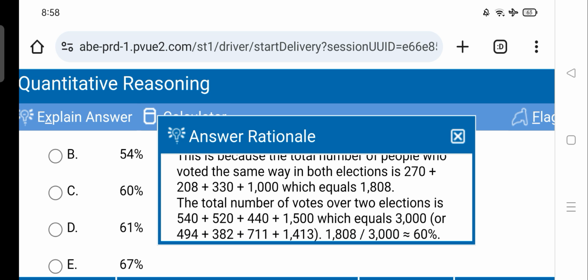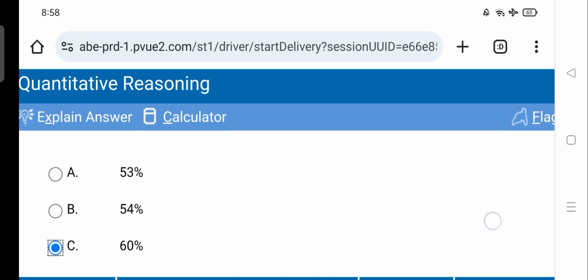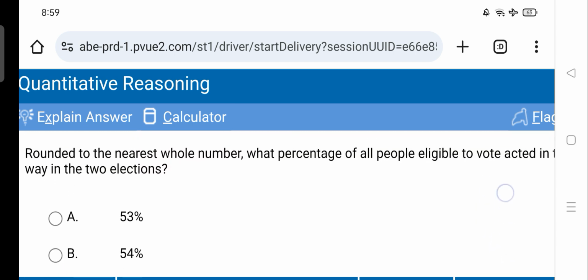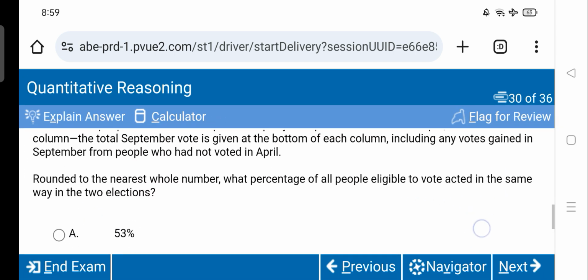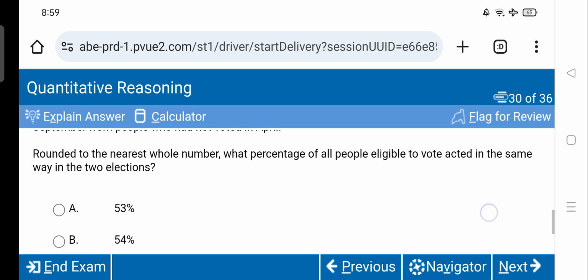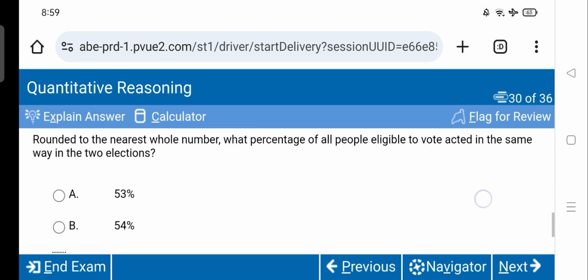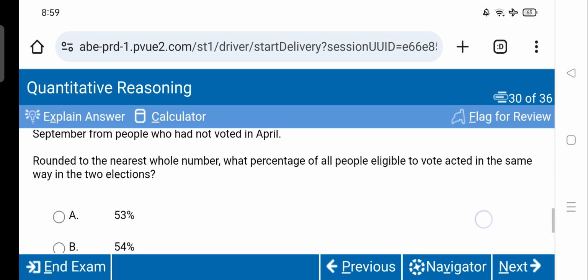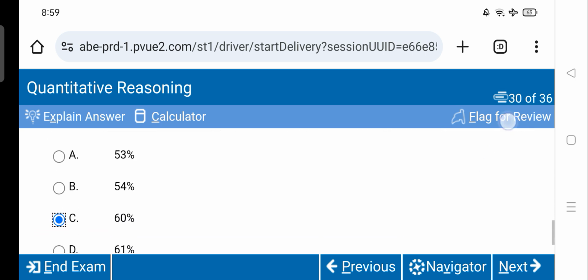So 1808 divided by 3000 is approximately 60%. So option C is the correct option, 60% is the percentage of all people eligible to vote who acted in the same way in two elections.